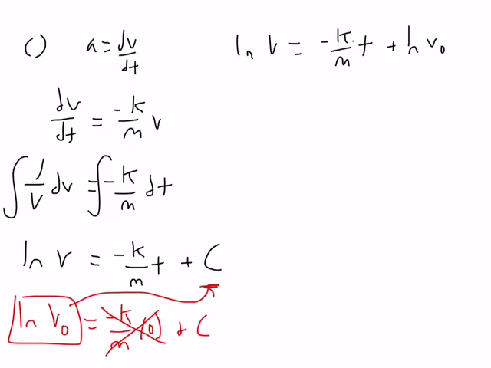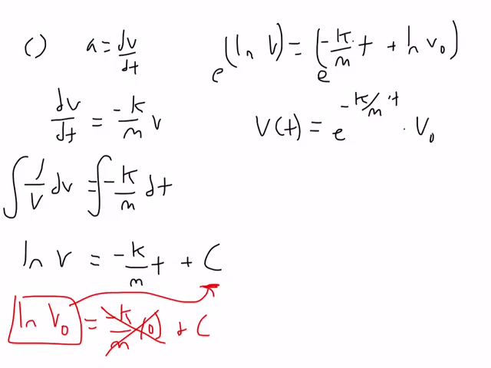And now we need to solve for v, which means we need to exponentiate both sides, right? E to the that and e to the that. So this is v of t now. So e to the negative k over m times t. We have e to the natural log of v0, which is just multiplying by v0.